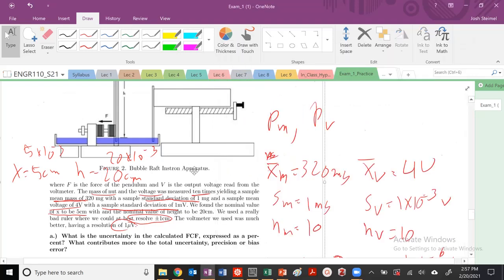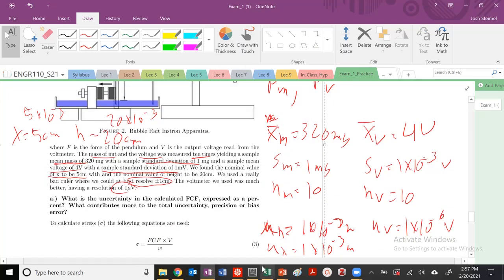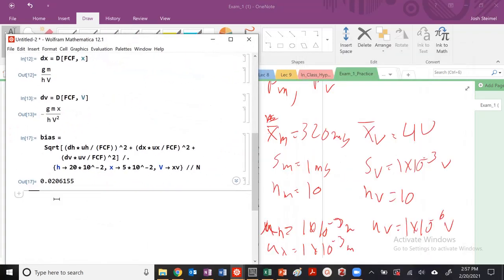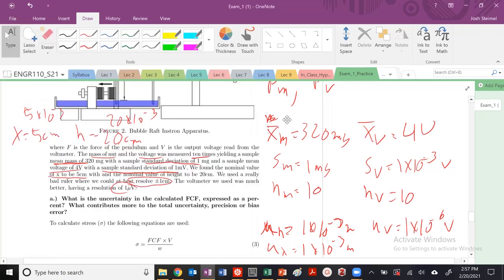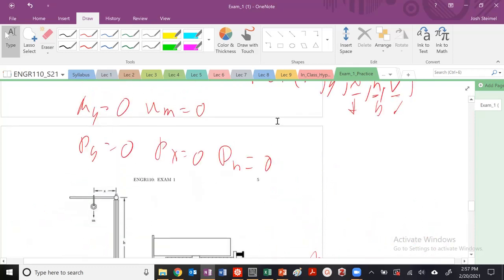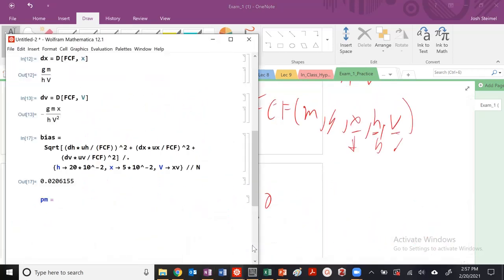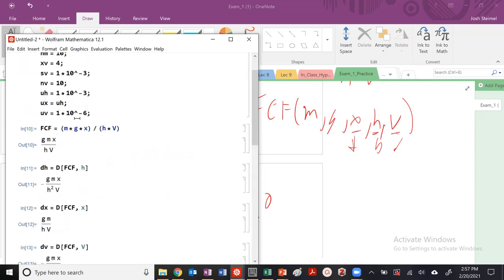Now I need to look at where I have some precision error. Well, I know I have precision error in my mass. So PM is equal to, let's see, I need my t alpha over 2. So remember, for precision error in m, x, g, we already know those values. Actually, let's define g as well, but we may not even need it.